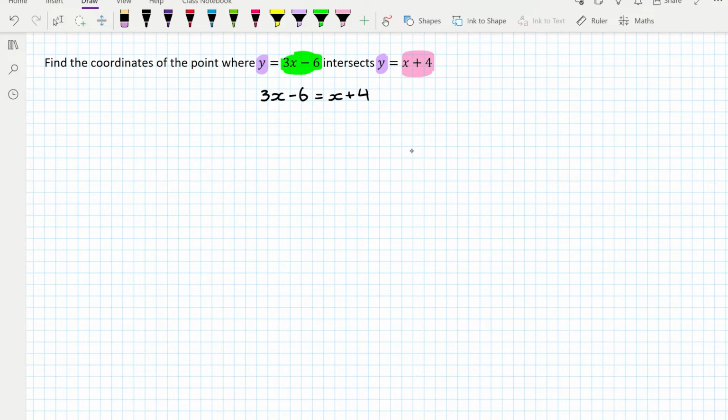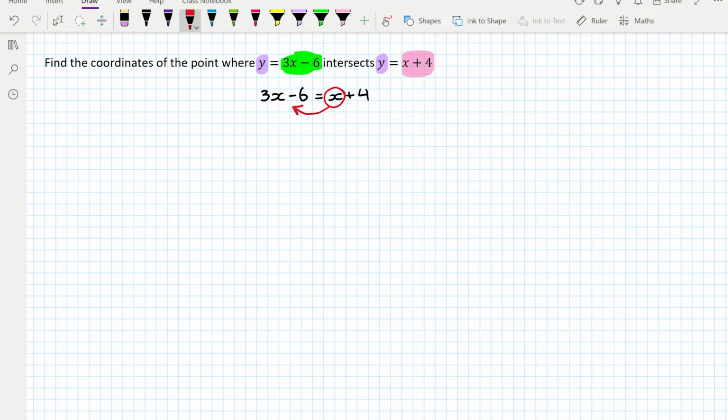So what we're going to do first is get all of our values of x on one side of the equal sign and all of our constant terms to the other. We've got a 3x on this side and an x over here. I want to move this x over to this side. We can think of it in a couple of different ways.